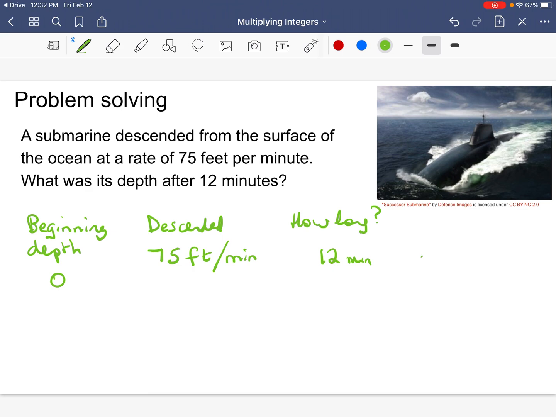And I get 900 and write my units, feet. So 75 times 12. So its depth after 12 minutes was 900 feet below sea level, and I know it was below sea level because it was descending.